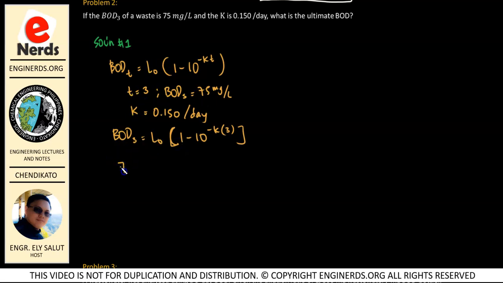Yung BOD3 natin is 75, this is equal to our ultimate BOD times 1 minus 10 to the negative, yung value ng ating K, yung capital K, which is 0.15 times our time, which is 3. Okay, so calculate natin yung values nitong nasa loob ng bracket. So we have 75 is equal to LO times itong value ng nasa loob ng bracket.